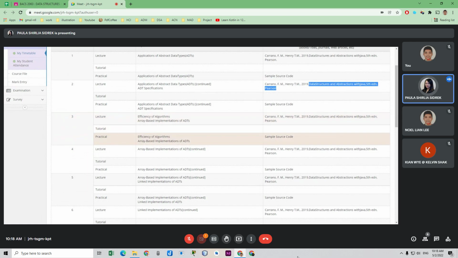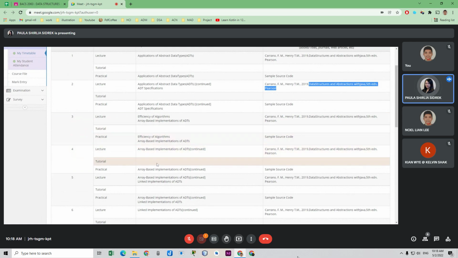So practical, still under efficiency of algorithm and array-based implementation of ADTs, which is your stack, your list, your queues, which you are doing in your practical. And then I will be giving you a bit of sample source code for you to get on with your practical.